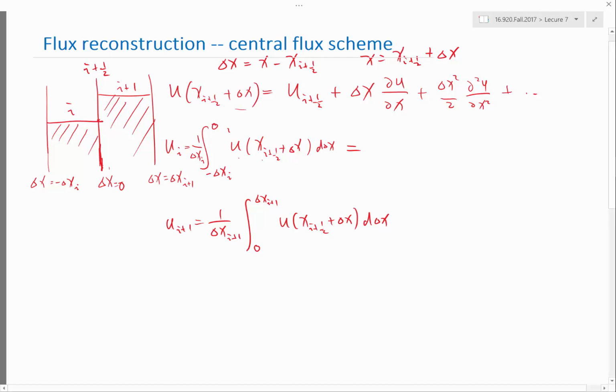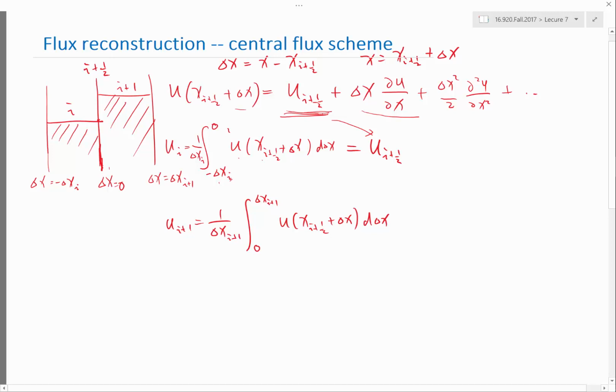So if I plug in the Taylor series analysis, this term is a constant term. So integration of this term is just going to give me delta xi times the constant. So here what I'm going to get is u of I plus half, right? This is the contribution from this term.